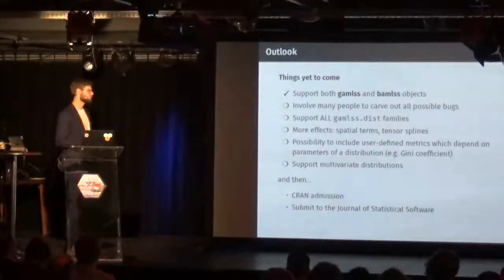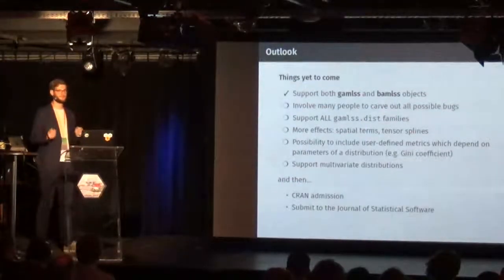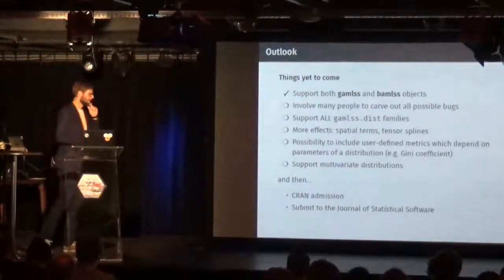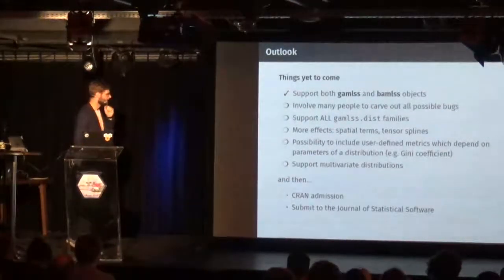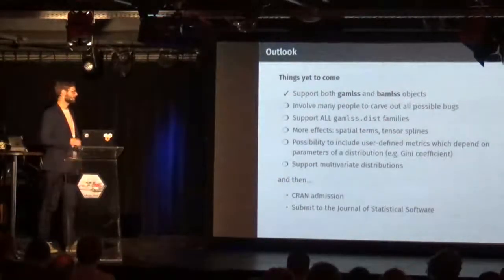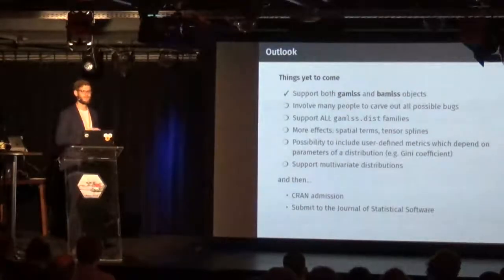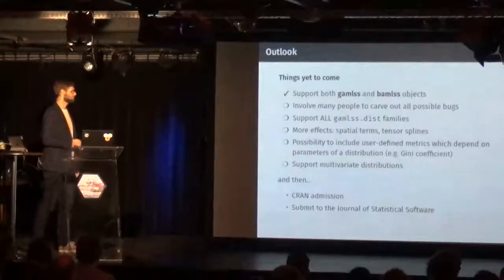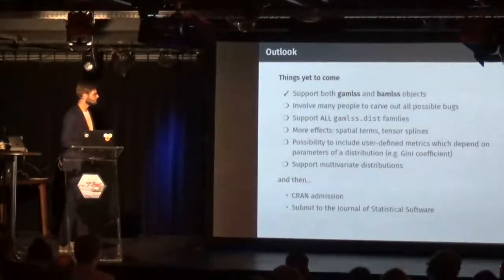I want you to be able to upload this and then see what the results would be with this kind of measure as well. And also multivariate distributions are coming, so that's cool. And in the end, I want to submit to CRAN. This will happen sometime in the fall, I guess, and I will submit it to the Journal of Statistical Software.